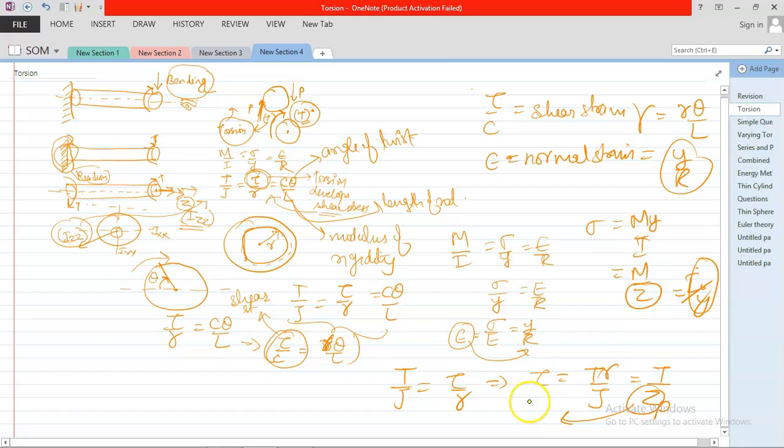ZP is J by R, and it is called polar section modulus. So the basic concept is clear to you in torsion. What is the shear strain, what is the modulus of rigidity, everything. Is it okay?